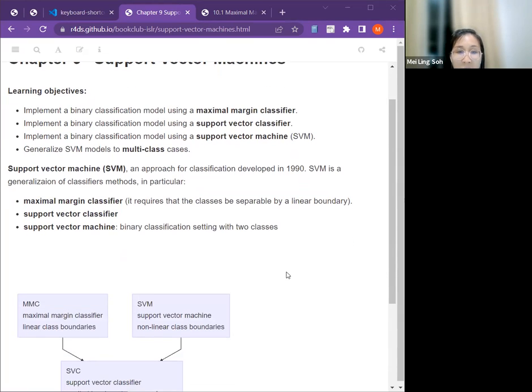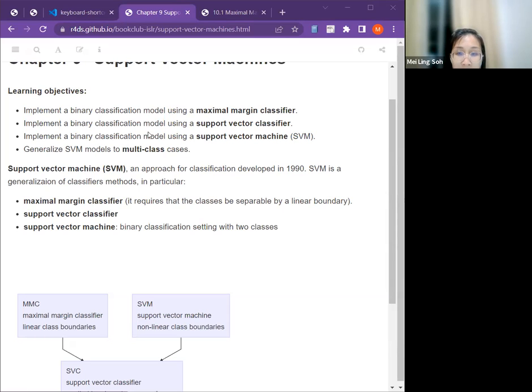So today, we first focus on binary classification models. Let's say we have two classes, whether you have a disease or not have a disease. So we focus on binary classification models using a maximal margin classifier.